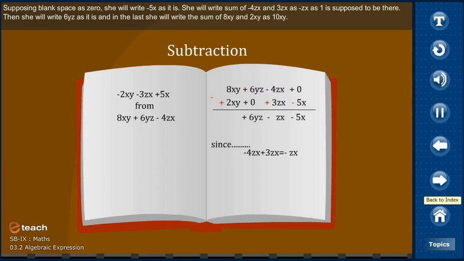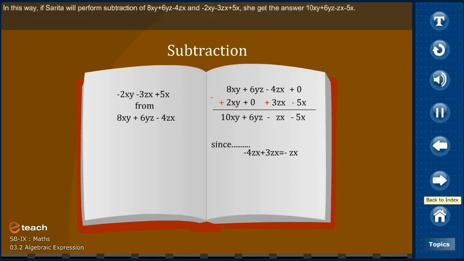Then she will write 6yz as it is, and in the last she will write the sum of 8xy and 2xy as 10xy. In this way, if Sarita performs subtraction of minus 2xy minus 3zx plus 5x from 8xy plus 6yz minus 4zx, she gets the answer 10xy plus 6yz minus zx minus 5x.